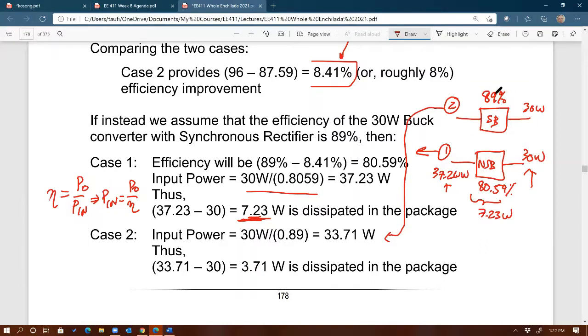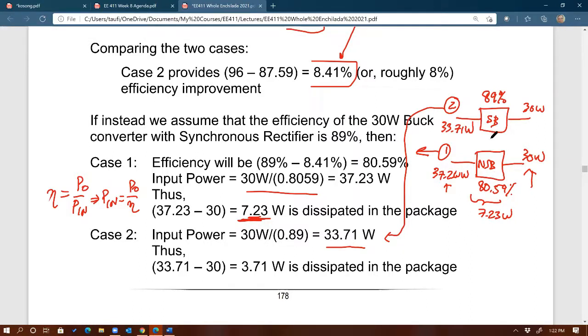Now, since we know the efficiency is 89% and output is 30 watts, input power is 33.71. So now the input here is 33.71. Again, if I know input power and output power, then I would know the loss, which is the difference between the two. That's going to be 3.71 watts.